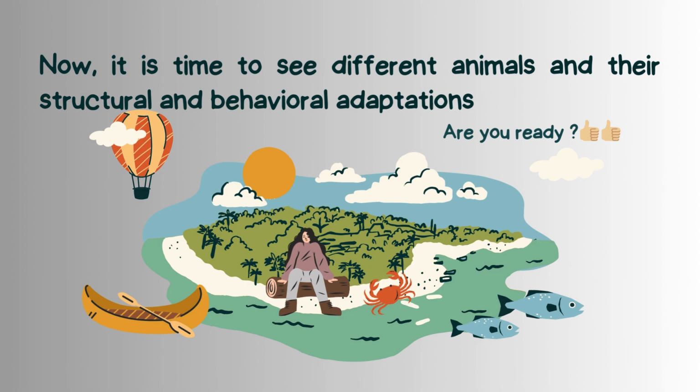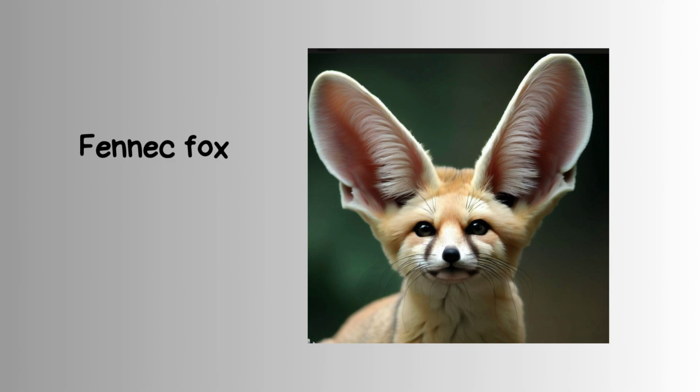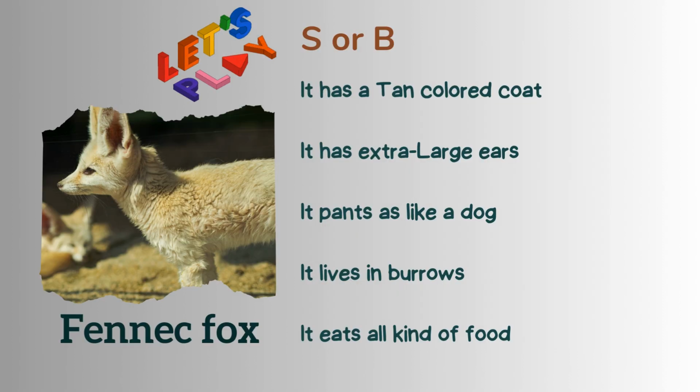Are you ready? So now we will talk about the fennec fox. We talked about the fennec fox before. We know that it has tan-colored or sandy-colored fur and it lives in the desert. Now we will play a game about the fennec fox.